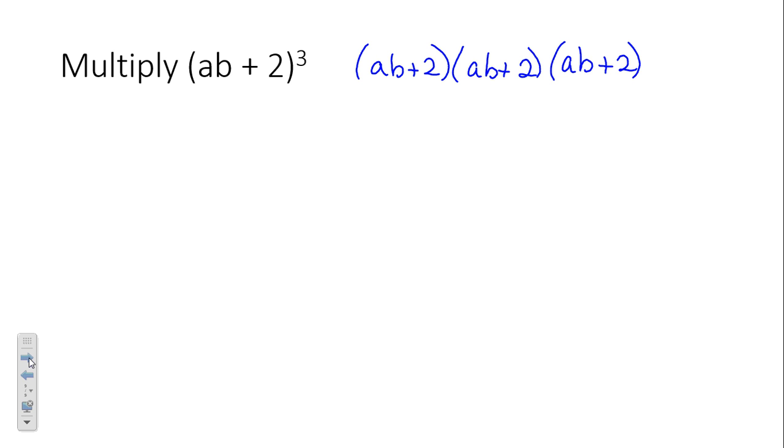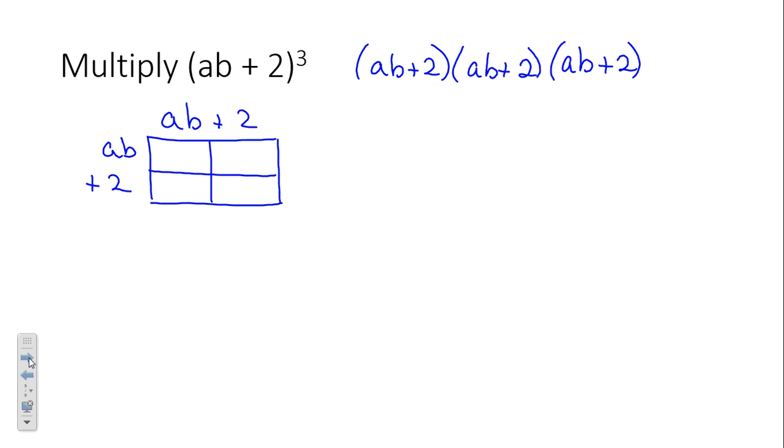Okay. So AB plus 2 times AB plus 2. When I take AB times AB, what am I going to get? A times A is A squared, B times B is B squared, right? AB times 2.